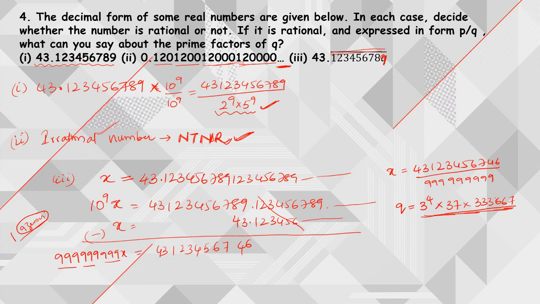In the third one, since it is a non-terminating repeating decimal, we considered it as x and did the process, and got 9 nines in the denominator, whose prime factorization is 3 power 4 into 37 into 333667. Likewise, by looking at the fraction, we are able to decide whether it is a terminating or non-terminating decimal. So this is all about exercise number 1.3.